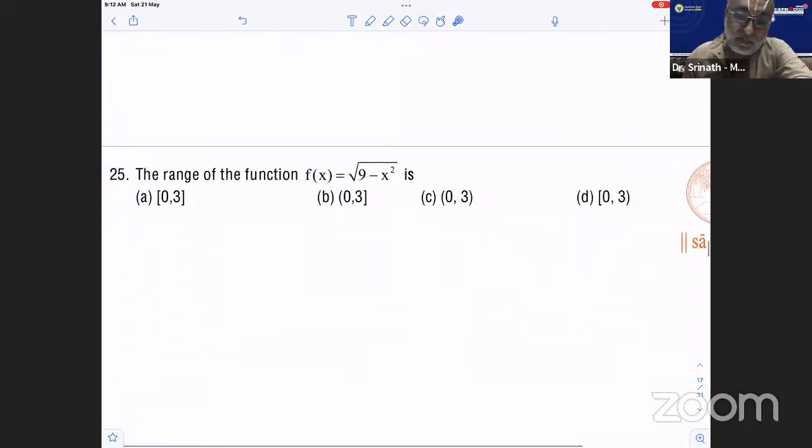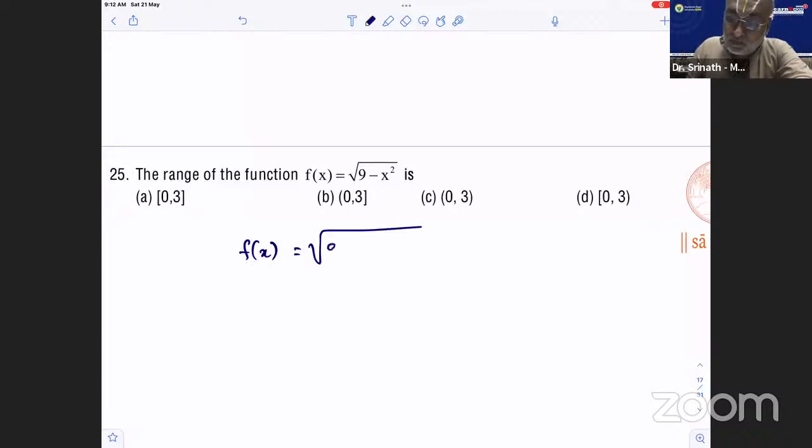Yeah. One more similar question somebody asked me sometime, in that 17th question or something. Here f of x is given to be root of 9 minus x square. So here, this x square should be less than or equal to 9. But we are talking about the range of this function.